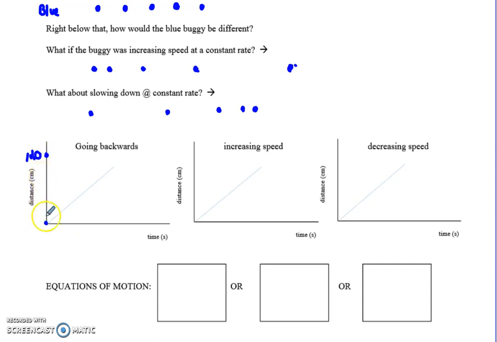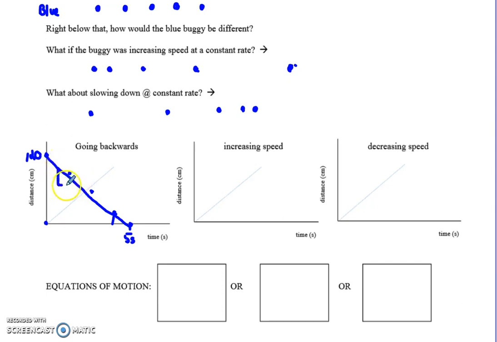But I'm not just going to be able to do that instantly. It's going to take some time in order for that to happen. Let's say it takes me 5 seconds to get back to a distance of 0. So what I will see, instead of a positive linear slope, is a negative linear slope, meaning that my speed is still constant.